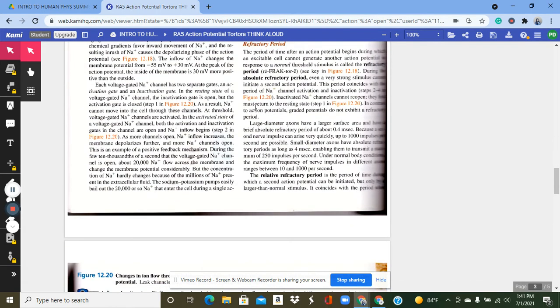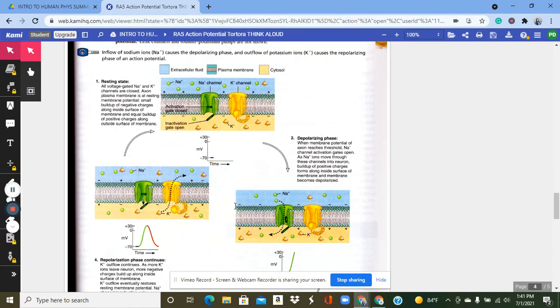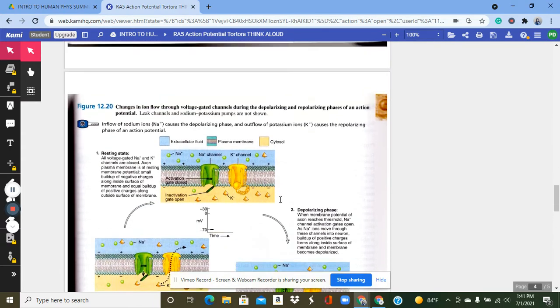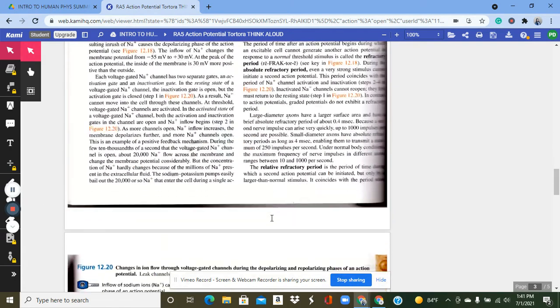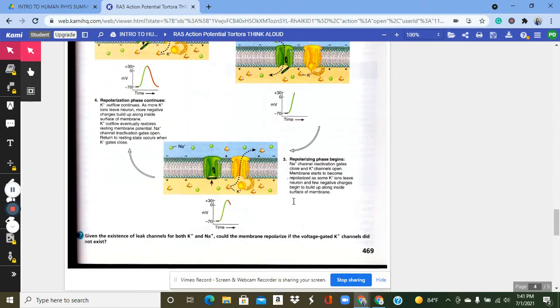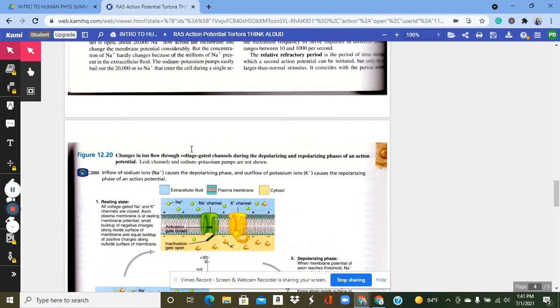On the other hand, the inactivation gate is open at rest and it closes relatively slowly after depolarization in a single step, as you can see here in figure 12.20. I'll go over it a bit later and more in depth.